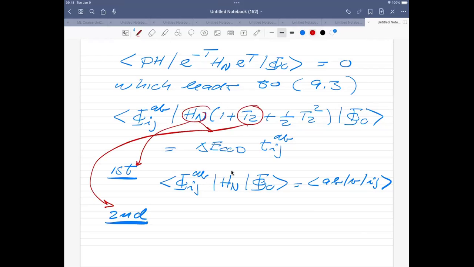So the second term is going to be given by phi_ij^ab of H_N T2 times phi 0.